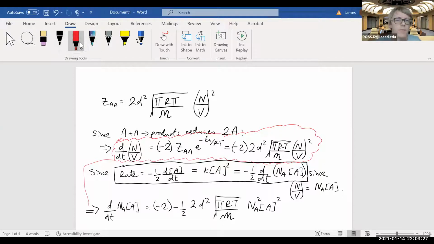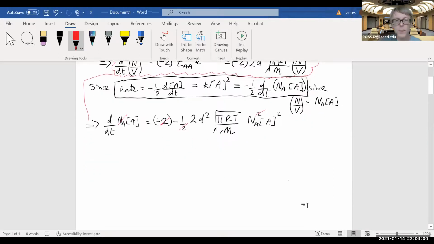Okay. So it's basically setting different forms of a rate equal to itself in a way that you can cancel things. So now I've got an N_A here, I can cancel one of these guys. And then so if I rewrite, the -2 and the half here cancel each other out.